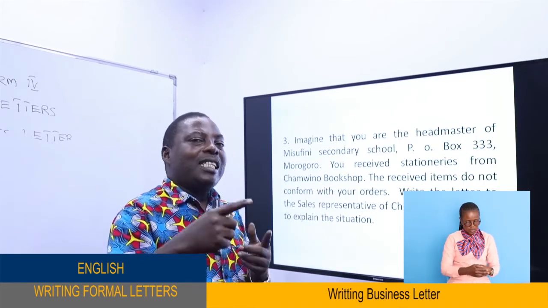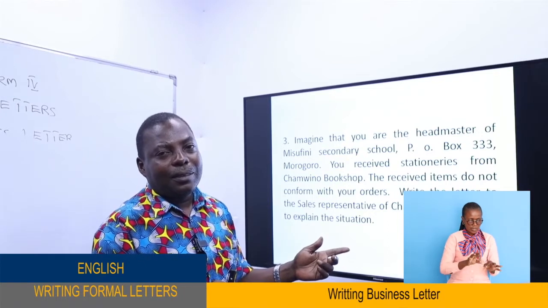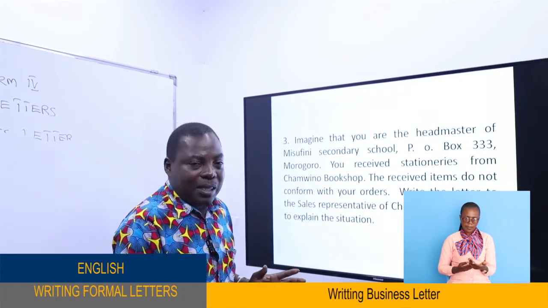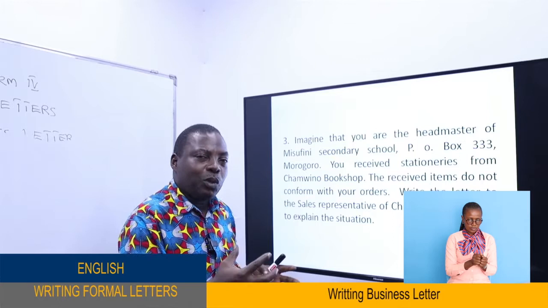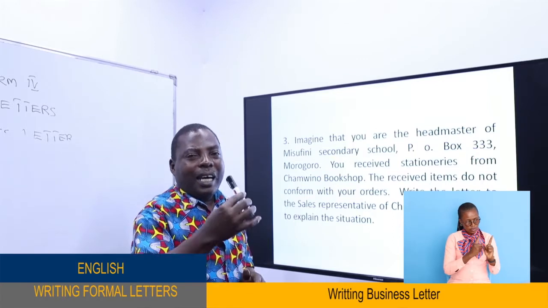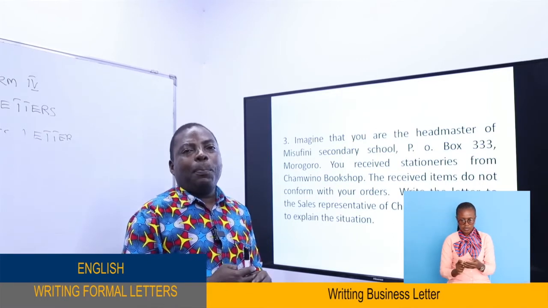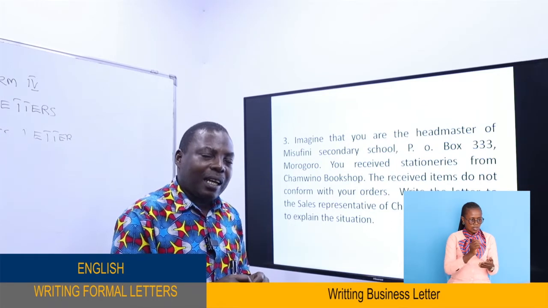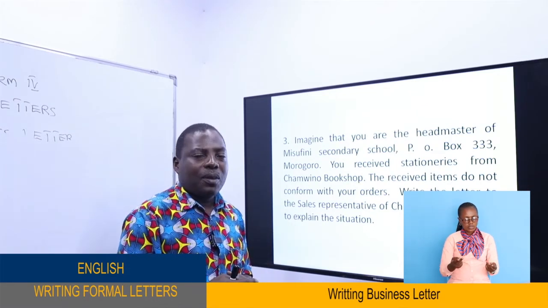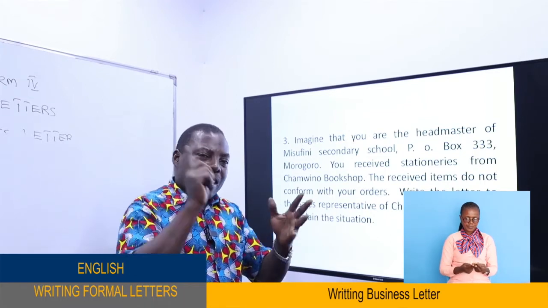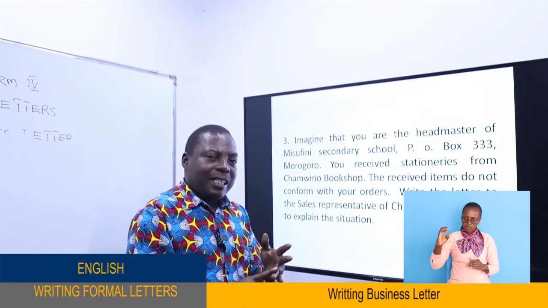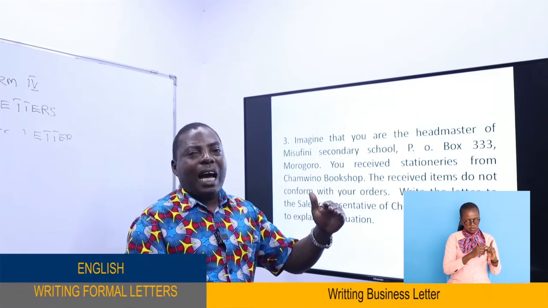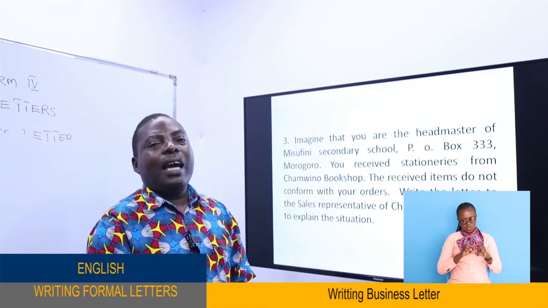So how is he going to write the letter? The aspects that we saw in other previous letters, on how to write a business letter, they are the same. You start with the sender's address, date, receiver's address, and the remaining other elements.